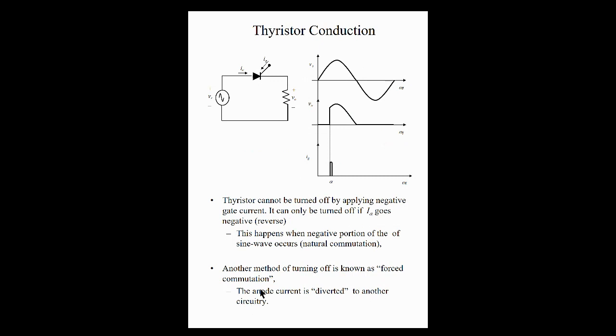So that's when we actually implement some kind of circuitry that will allow us to cause the current to move into another area, basically diverting it to another section, thereby reducing the current that is flowing between the anode and the cathode.